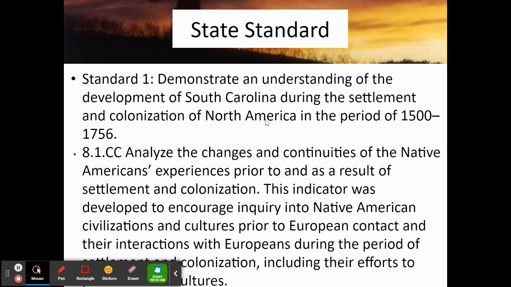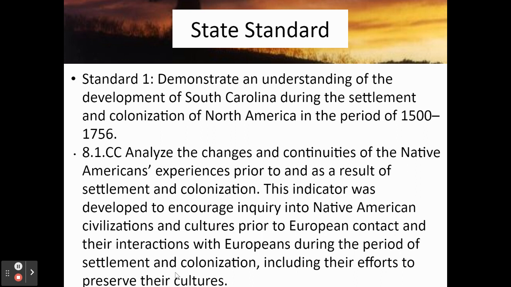Now, the state standard. We've got the brand new 2019 state standards here. Standard 1 says to demonstrate an understanding of the development of South Carolina during the settlement and colonization of North America in the period of 1500 to 1756. The standard we're working with today is 8.1.CC, which asks us to analyze the changes and continuities of the Native Americans' experiences prior to and as a result of settlement and colonization.